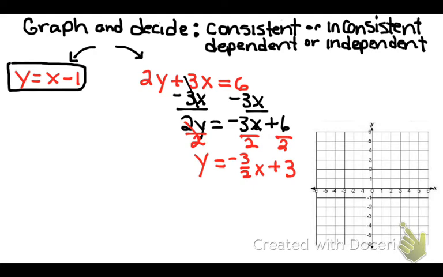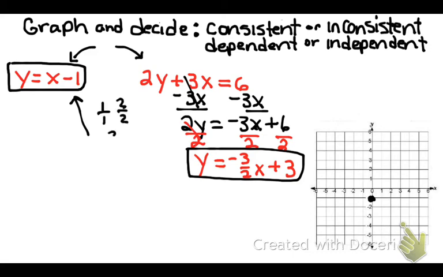So now I have my two equations, and we're going to graph. So we start with the y-intercept, negative 1. And my slope is 1, so we could use 1/1, 2/2, 3/3. Those are all forms of 1.